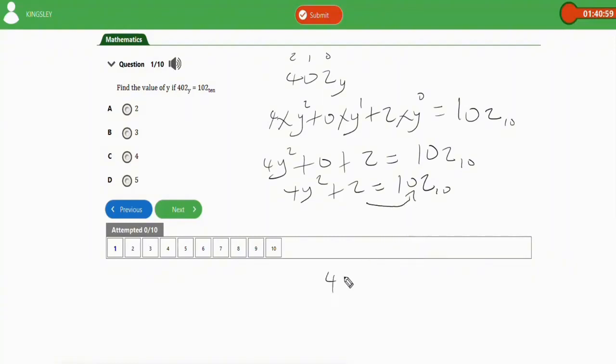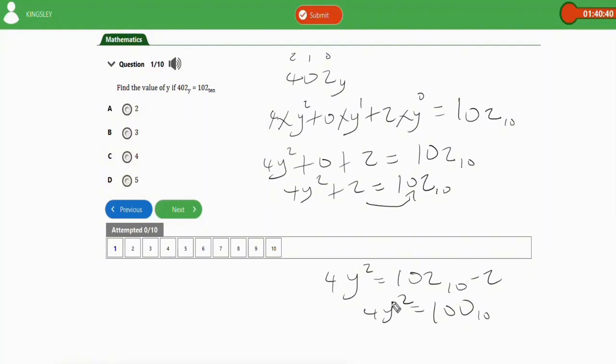So you're going to have 4y square equals 102 base 10 minus 2. Alright, so you're going to have 4y square equals 100 base 10.